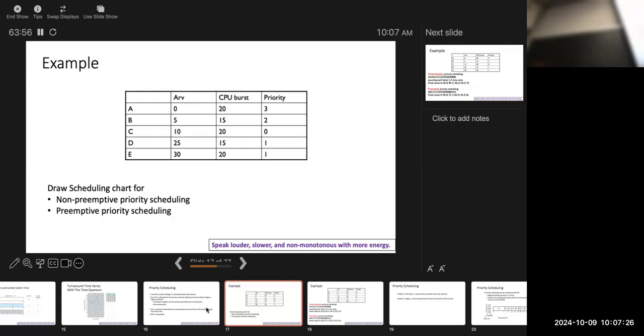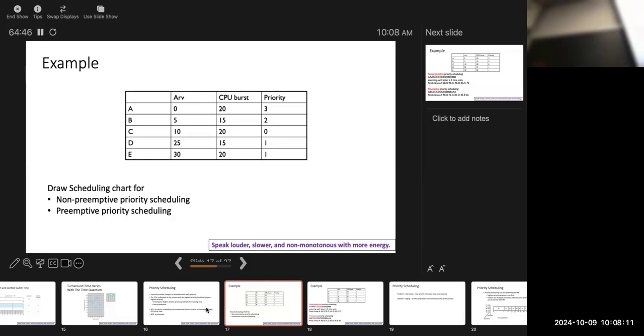So I have this timeline, and I have arrival times of 0, 5, 10, 25, 30, and these are A, B, C, D, and E. Okay, I also want to record here the burst times for A, B, C, D, E, so that I don't need to look at the slide: 20, 15, 20, 15, 20.